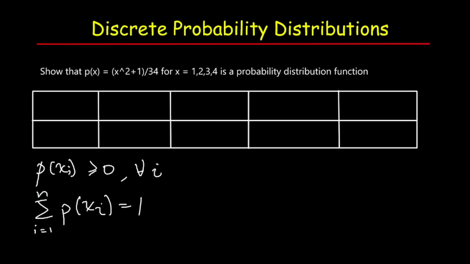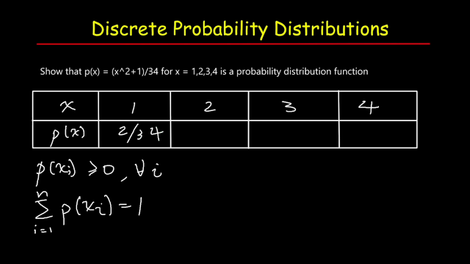Now, what we can do here is make what's called a probability table. We put the variable x on the top row and the value of p(x) on the bottom row. According to the probability distribution function given here, if x equals 1, then p(x) would be 1 squared plus 1, which is 2, over 34, so 2 over 34.